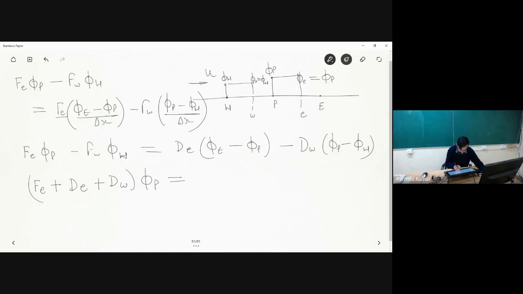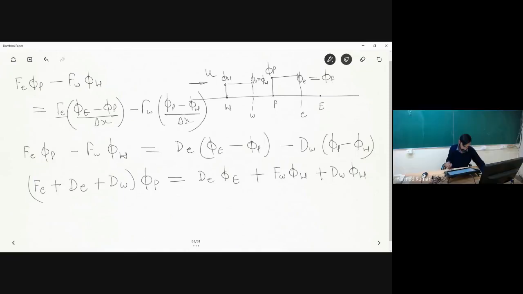And in the right hand side, I will be finding dE into phi E and plus Fw into phi W, minus will become plus dW into phi W. Have I written it correctly, or did I make any mistake? Yes, sir, correct.